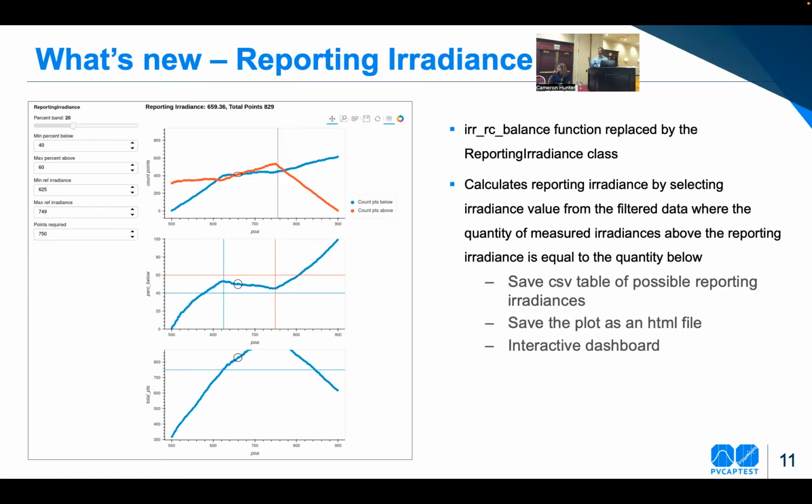And there's functionality to export that plot as an HTML file, which retains the interactivity of that plot, so you can zoom in on that plot and hover on it. When you export it, you don't get the interactive toolbars that are on the left, but you get the HTML file. You can also export all the data to a CSV file that's behind those plots. So you can provide that to anybody auditing the test for them to review.